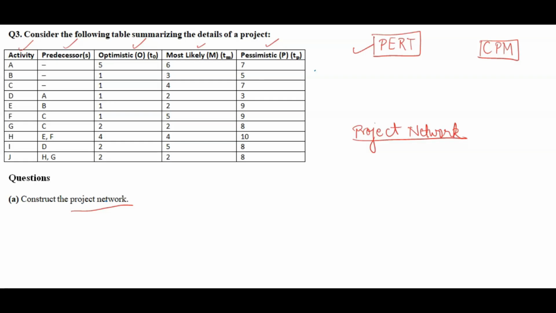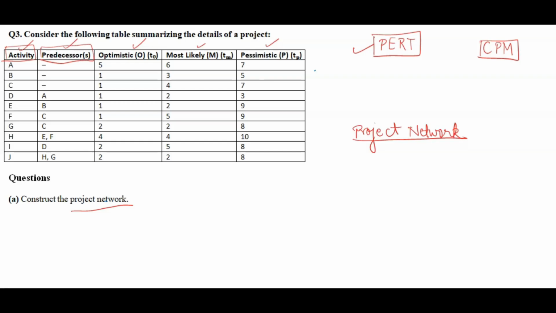The time and all we can write later, but for network purposes we don't need the duration. Only for finding the critical path we need the duration. I will let you know how to do it in the next video. So for creating the project network we need activity and predecessor. Whether it is a CPM network or a project network, things will remain the same.